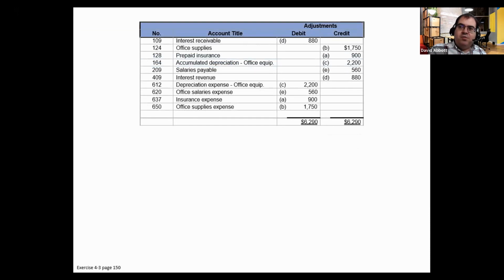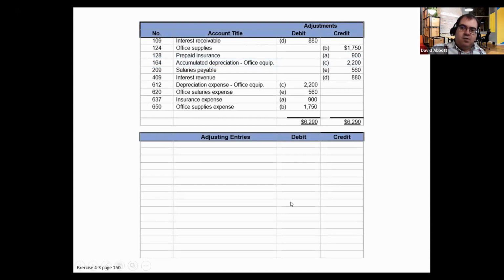Now what we have to do is create the journal entries. The first one is A, which is the insurance expense. You would debit insurance expense for 900, and then you would credit prepaid insurance for 900.